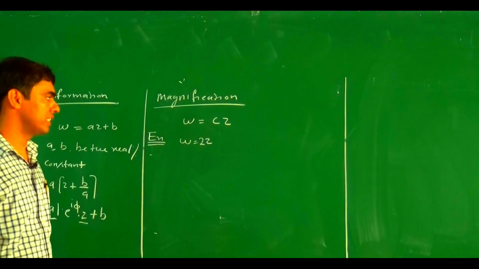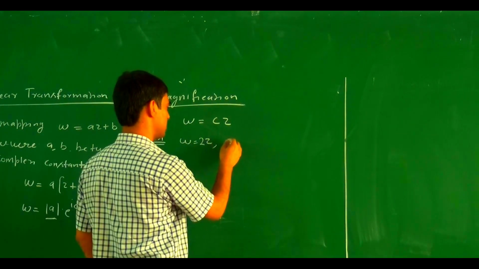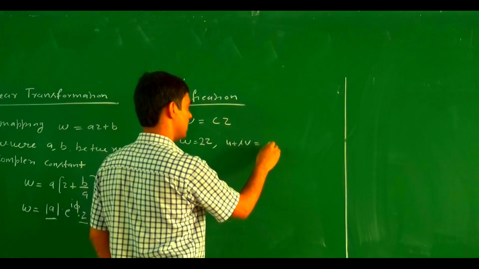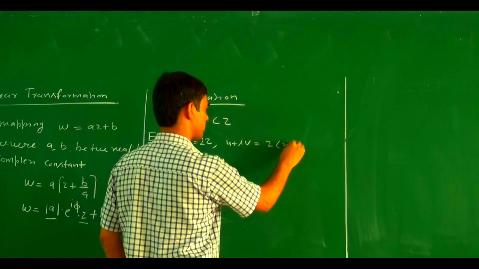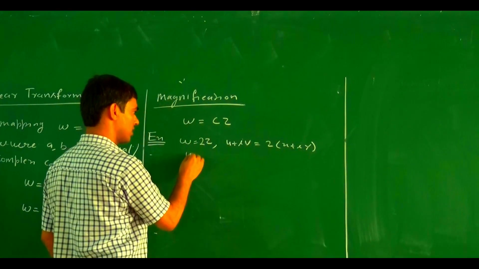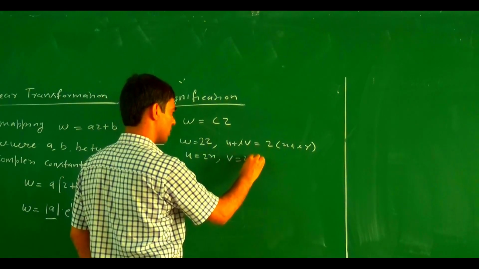Writing real and imaginary parts, W equals U plus iV, and twice z means 2(x plus iy). Then U equals 2x and V equals 2y.